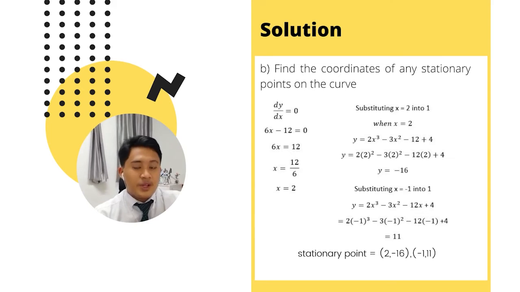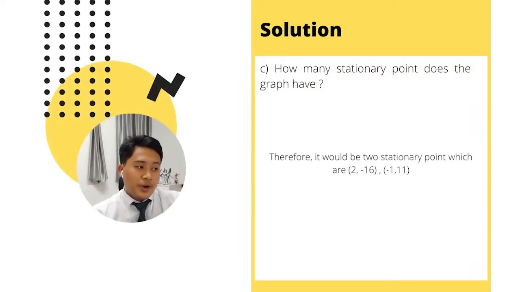We must replace the x with 2, which means when x equals 2, y is negative 16. Meanwhile, when x equals negative 1, y is 11. Therefore, the stationary points are (2, negative 16) and (negative 1, 11).